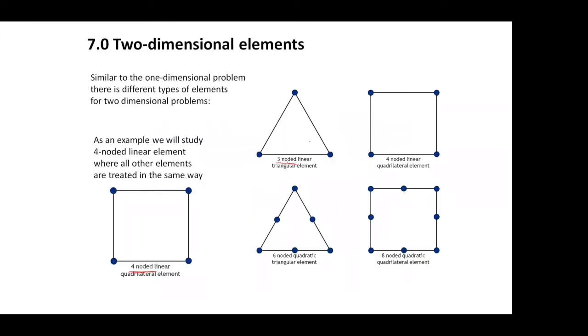Okay, now you can increase the order and move into quadratic. So for the three-noded, we have u equal to a xi plus b eta plus c.